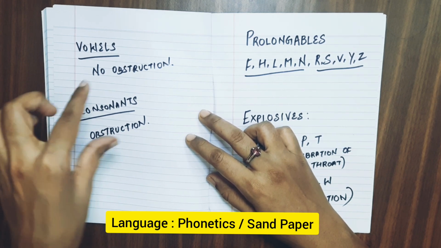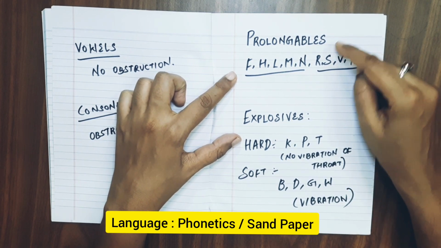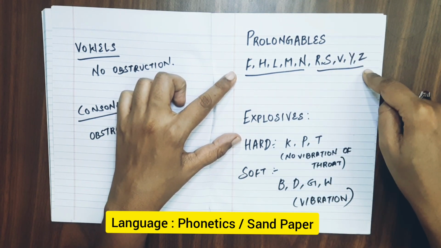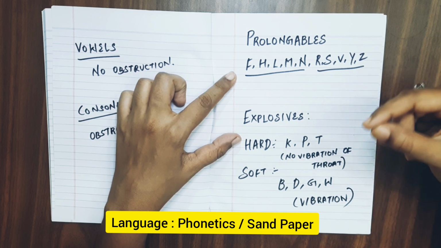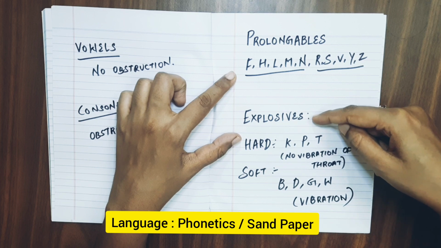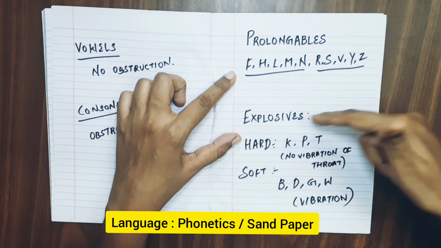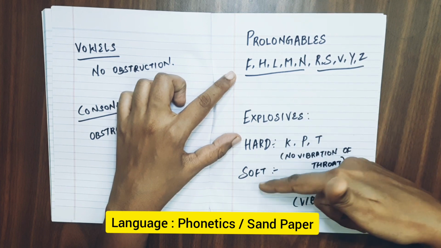Consonants are again divided into prolongables and explosives. When you utter these sounds, this set, it will prolong for some time, whereas explosives sound like an explosive. Again, explosives are divided into two groups, hard and soft.